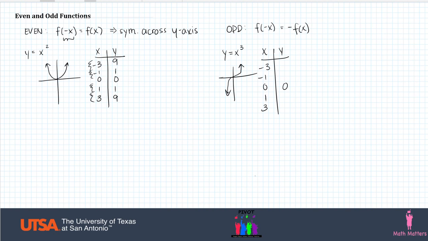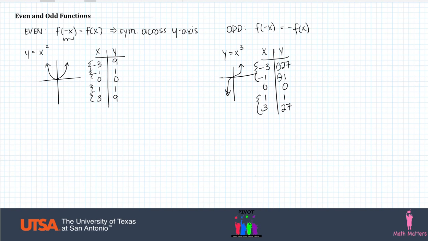So 0 cubed is still 0, this is 1, this is 27. Negative 1 cubed is going to be negative 1, because a negative times a negative times a negative is still a negative, and this is going to be negative 27. So these negative x values have the same output as their positive counterparts, except they're negative.